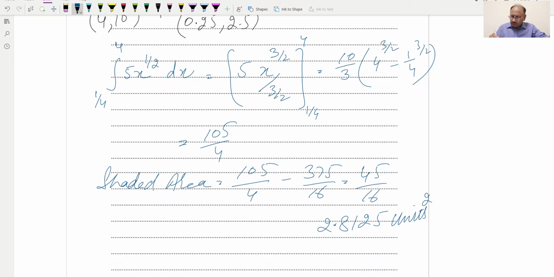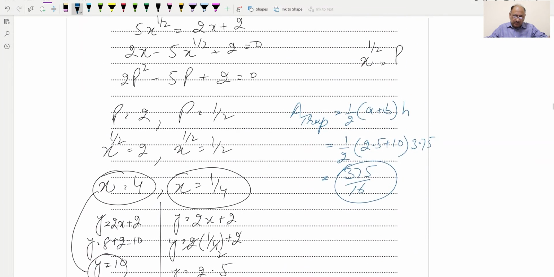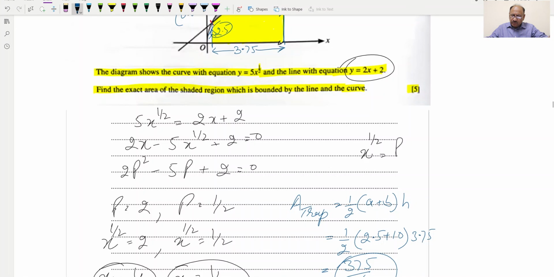Whatever units, it will be square. So this is done. The shaded region bounded by the line and the curve was a 5 mark question which we have done.